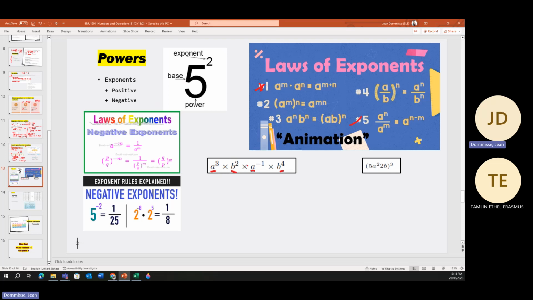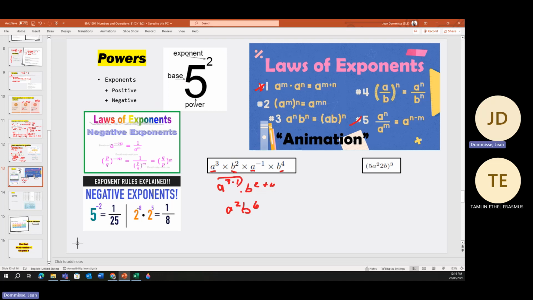The A3 and A1 we can write as this, and then the B2 plus B4 we would have written as that, and then your answer would have been A to the power of 4, B to the power of 6.